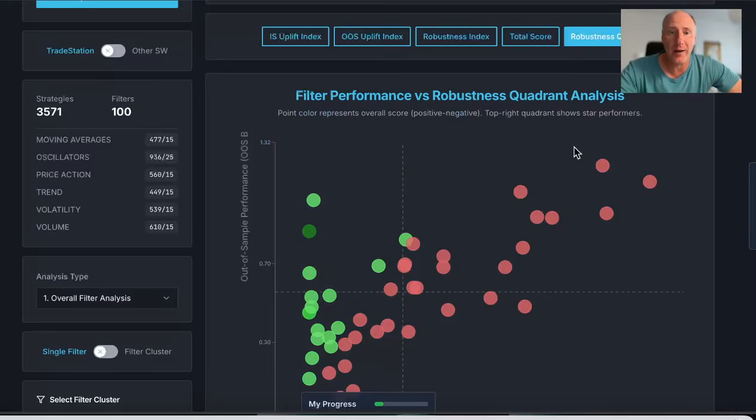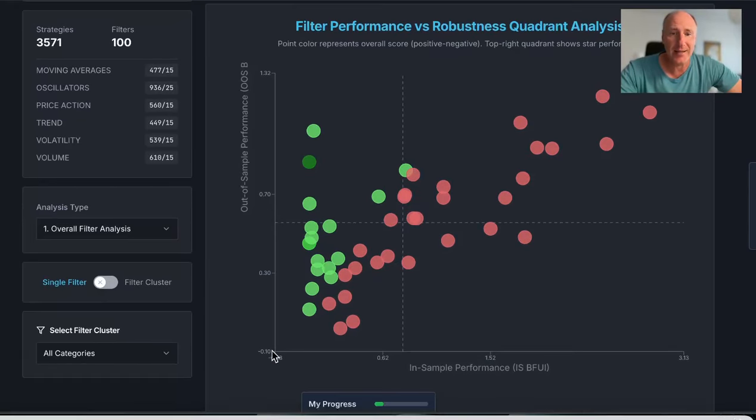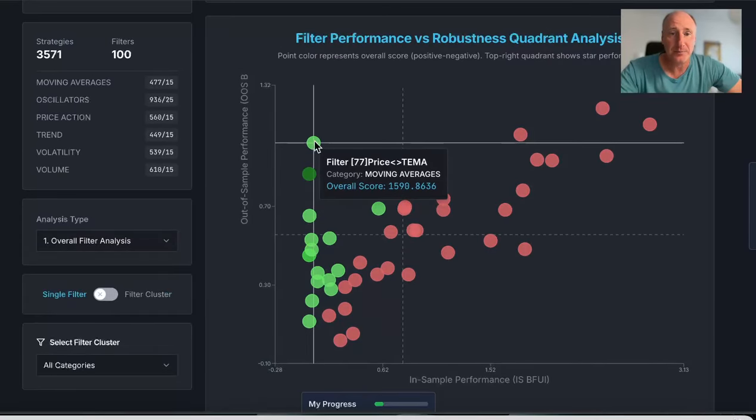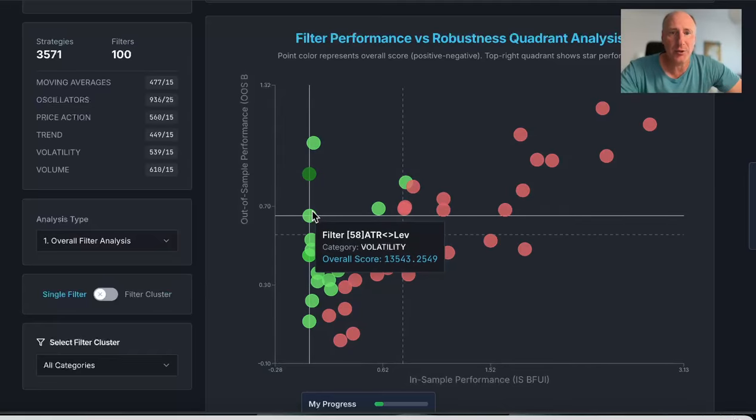Now, we also have here robustness quadrant. And basically what this is saying is that if in-sample performance measured by the uplift index is getting higher in in-sample, how much is it getting higher in out-of-sample? And we can see that, again, the bar range, condition 100, and average true range, 58, are just improving.